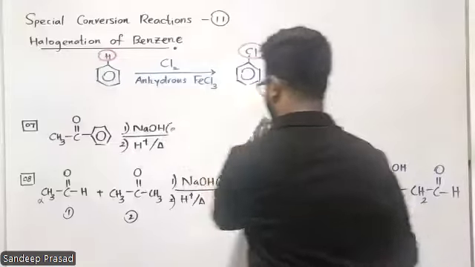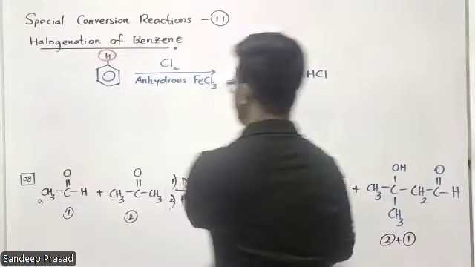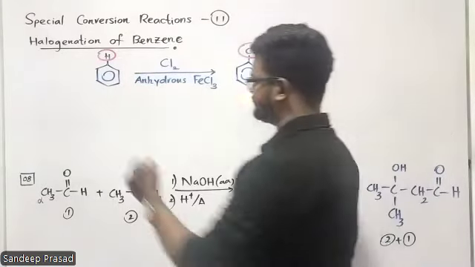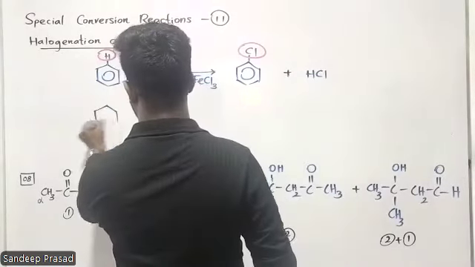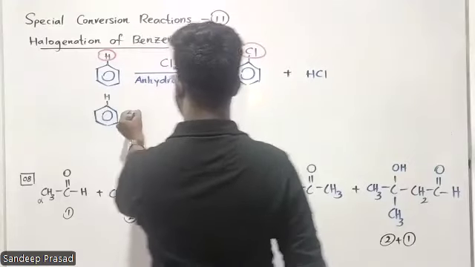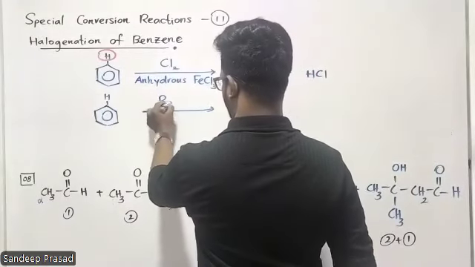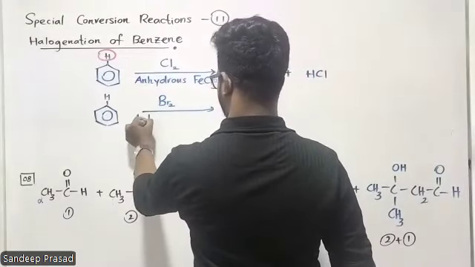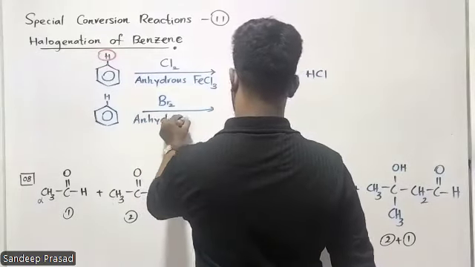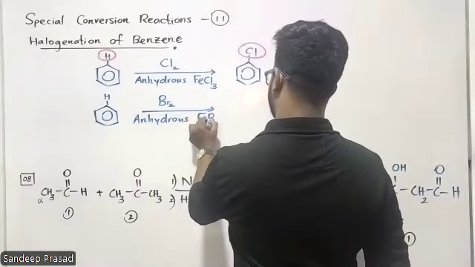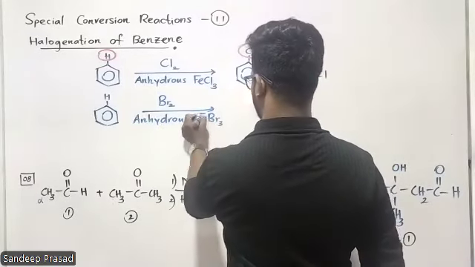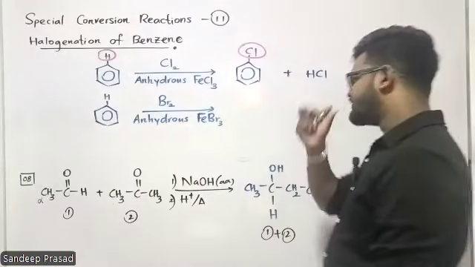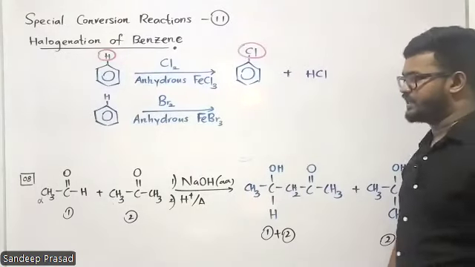So we can do the same reaction with Br2 also. We have the benzene ring, and I'm going to add here Br2, a Lewis catalyst like again FeBr3. That's also possible. So can we put here aluminum trichloride, aluminum tribromide? Yes, any Lewis catalyst.